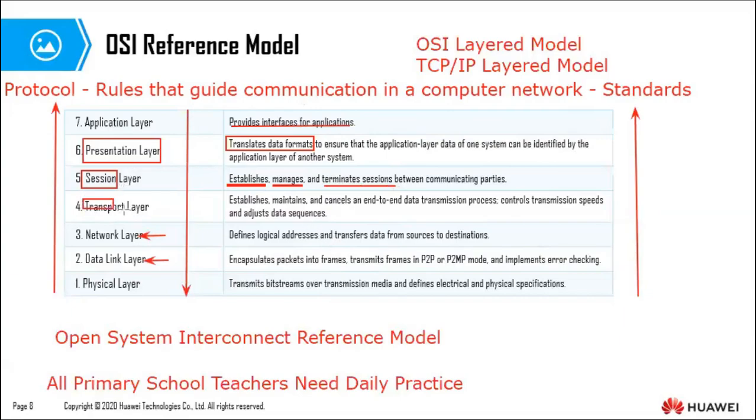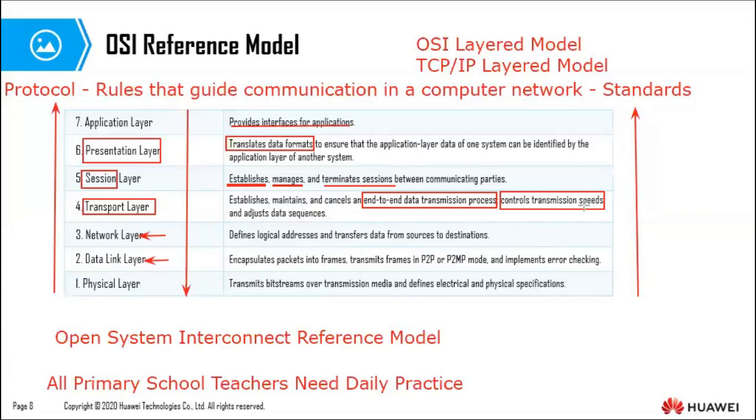Then you have the transport layer. Normally, we say that the transport layer does end-to-end data transmission. It also does what we call flow control, which is simply controlling the transmission speeds.